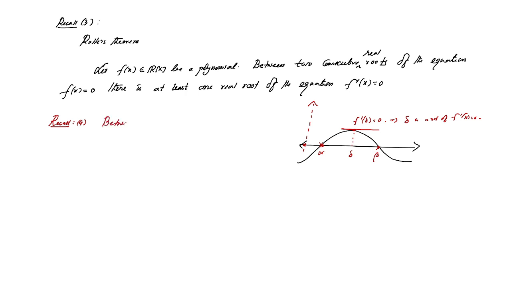Between two consecutive roots alpha dash and beta dash of the equation f dash x equals 0 — initially in Rolle's theorem we said consecutive roots of f of x equals 0, now we are thinking of consecutive roots of f dash x equals 0. What is the conclusion?